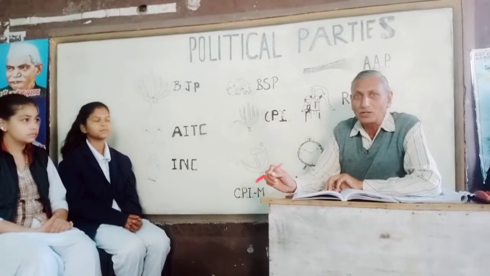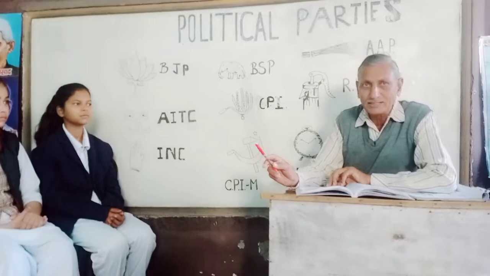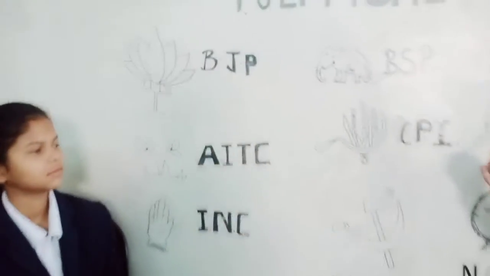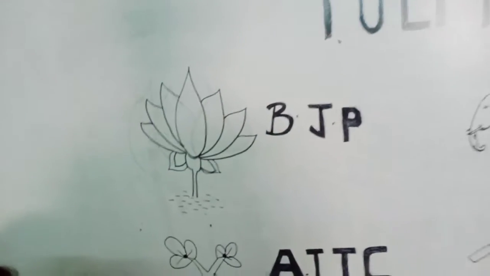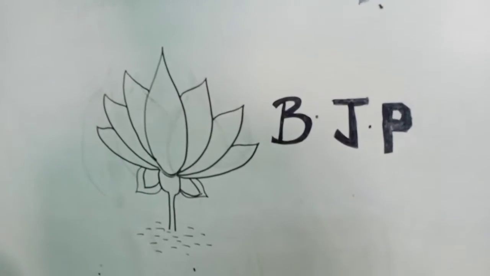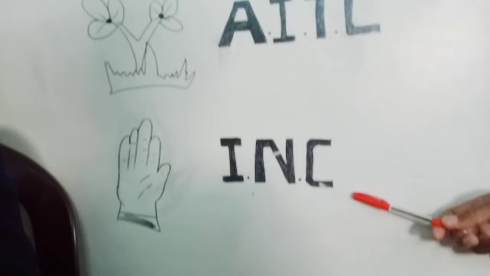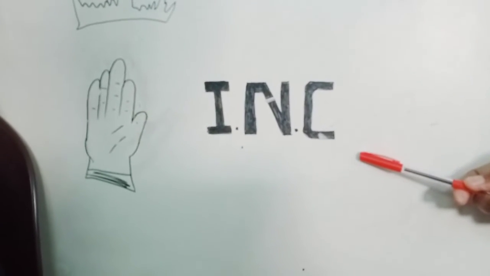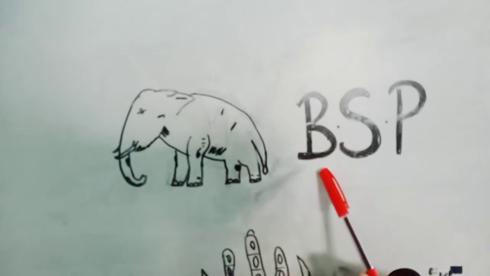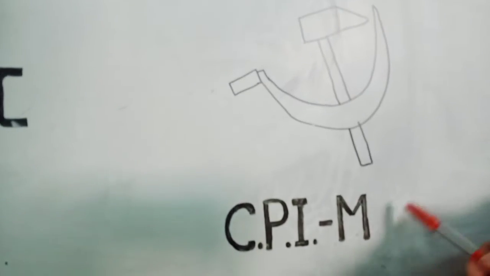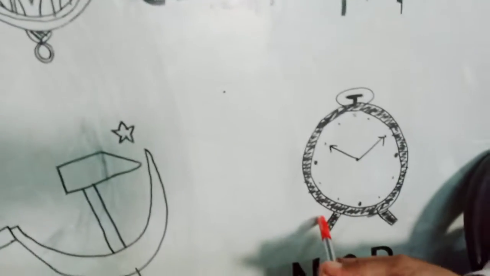Yes. We talked about the national parties and the state parties. Here I have taken examples of both. We counted those 7 national parties: the BJP, the Trinamool Congress, the Indian National Congress, which is generally known as Congress Party, the BSP, the CPI, the CPIM, and of course the NCP.